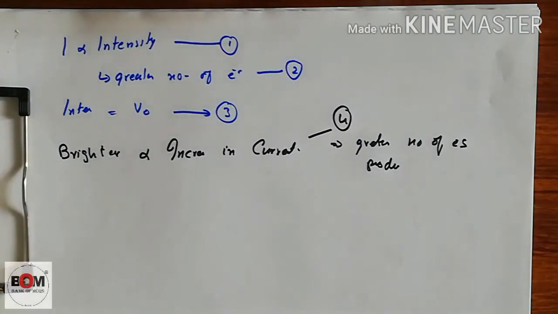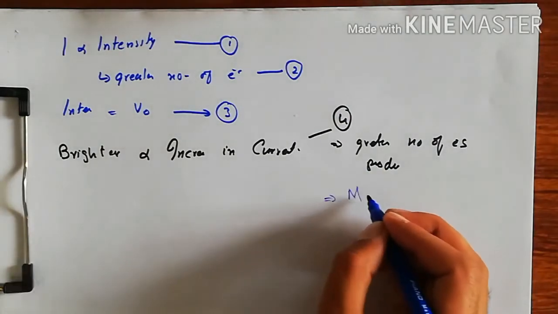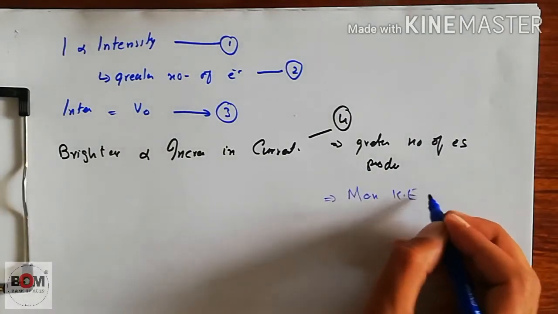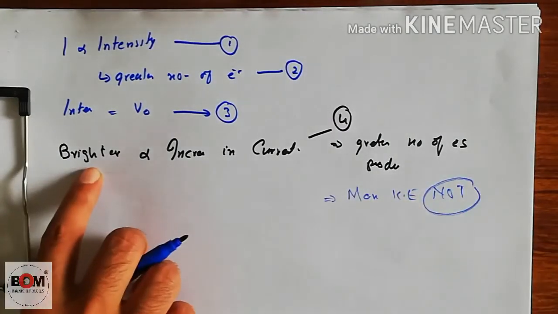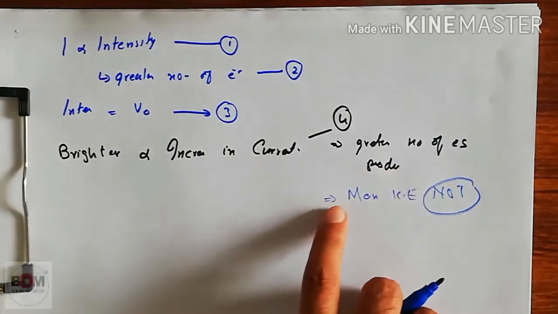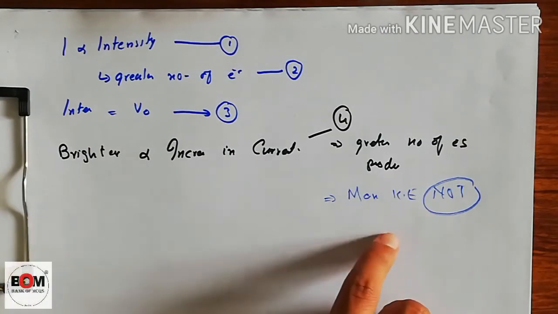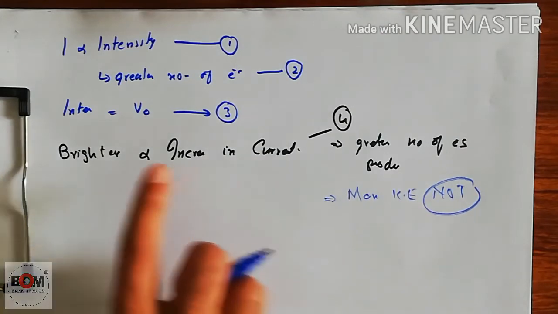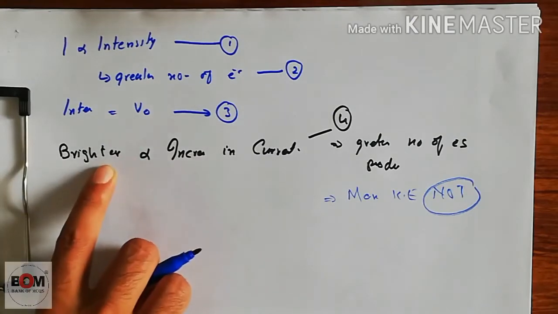The next is greater number of electrons will be produced, but not every electron will get maximum kinetic energy. That is not possible. So the reason is brighter light causes an increase in current, because a greater number of electrons will be produced, not because electrons get maximum kinetic energy. The maximum kinetic energy is independent of intensity or brighter light.